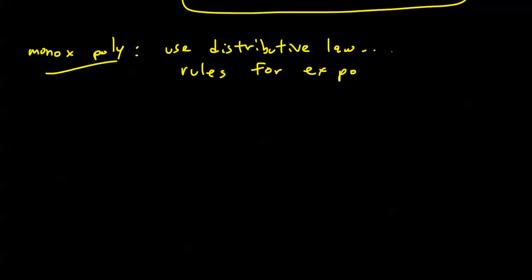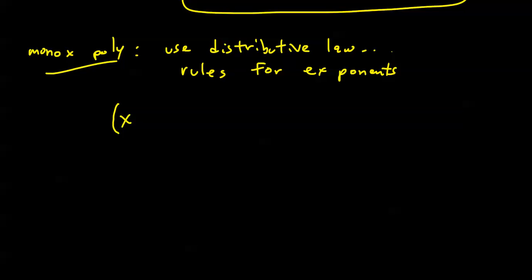All we do is use the distributive law, distribute your monomial factor properly, and of course simplify according to your rules for exponents. Yes, we'll use our distributive law along with our rules for exponents to hopefully simplify sometimes quite complicated expressions.